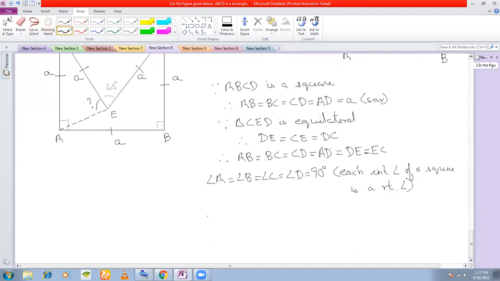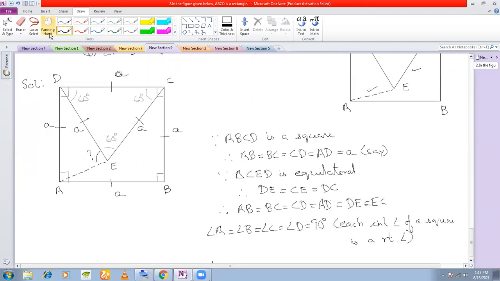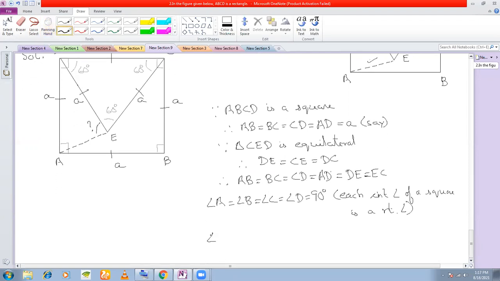So therefore, we write angle EDC is equal to angle DEC is equal to angle ECD is equal to 60 degree. All these angles are 60 degree.